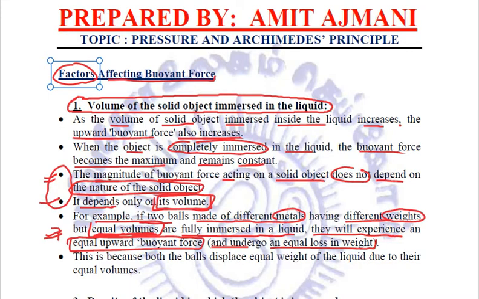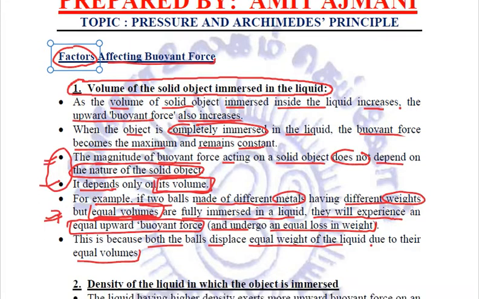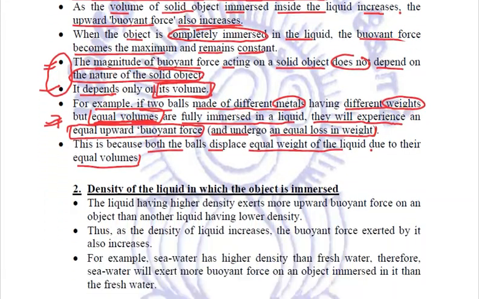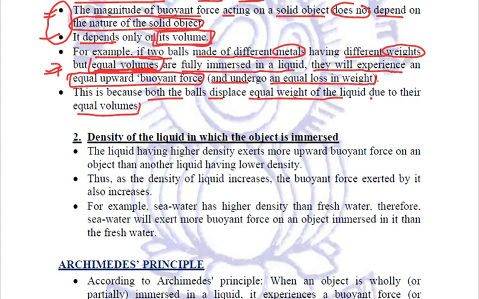So if the volume is the same, the buoyant force exerted by a liquid will remain the same, right? And there will be an equal loss in weight. The reason is that both balls will displace an equal weight of liquid as they have equal volumes. So this is the first factor affecting buoyant force, that is, the volume.